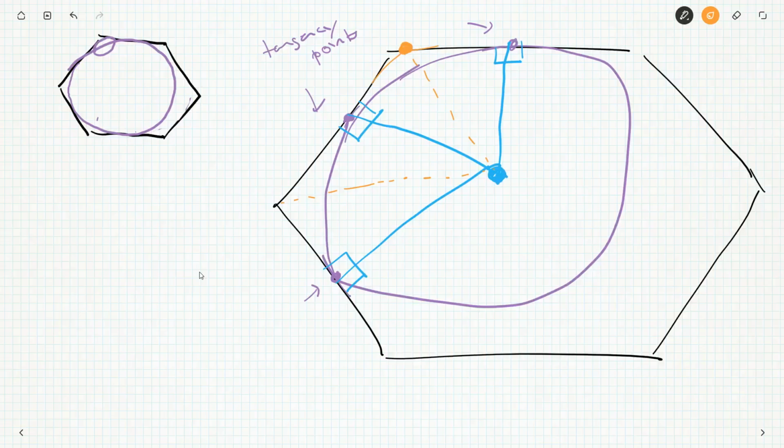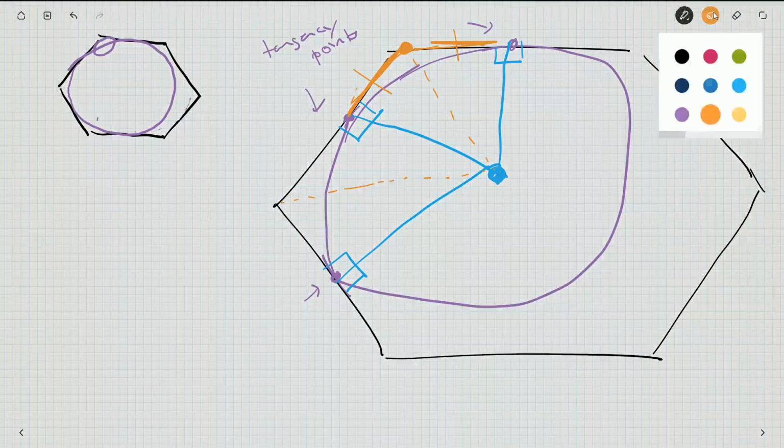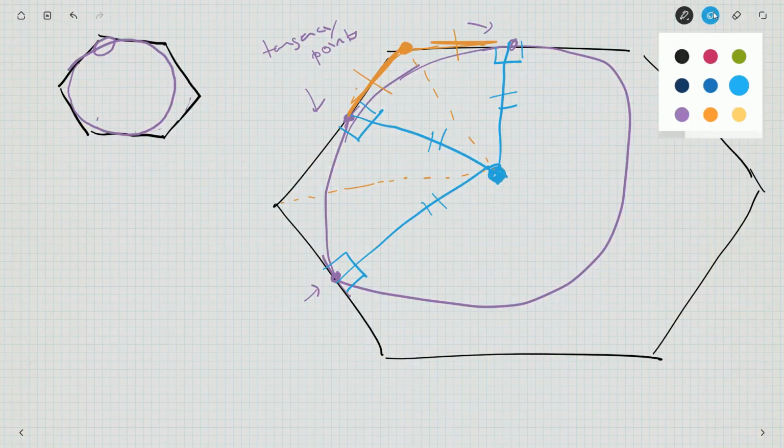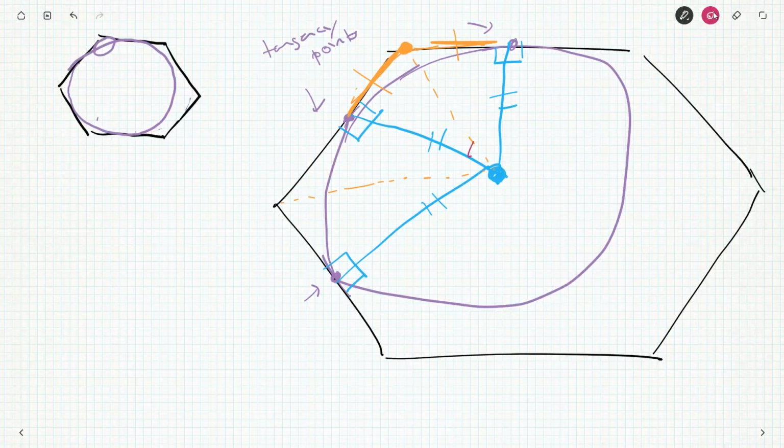We can connect that up with the center, and then we have a right angle and a hypotenuse and a given side length, so that forces these sides to be the same length, because all those are the same. So then we have side congruence, and so this angle's got to be the same as this angle, and this angle's got to be the same as this angle.